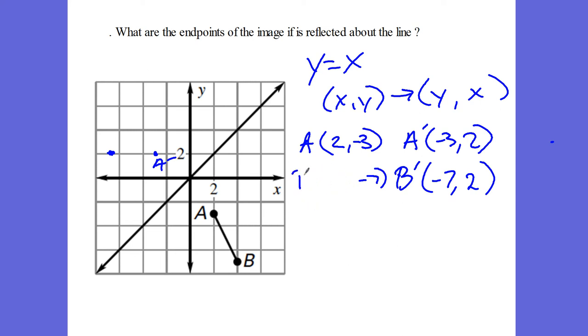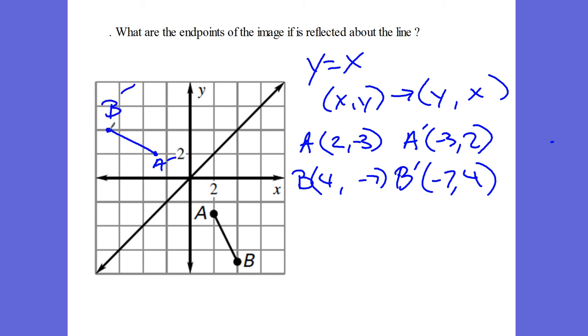That one's supposed to be, so B, I messed up that one. That one should be 4. There we go. So sorry about that. Is that what was confusing you, Josue? There we go. Okay, so now we get it better. -7, 4. Right here. So there's my B prime.